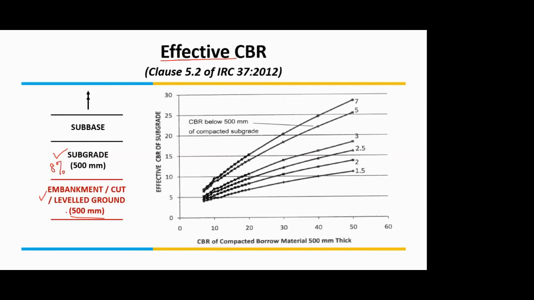If I am considering this 500 mm of an embankment or cut or level ground, this 500 mm will also play some role as a foundation. You can say if subgrade is your foundation for pavement, the 500 mm below this subgrade also will be playing some vital role in the foundation, okay, or taking the stresses. So this needs to be assessed as well.